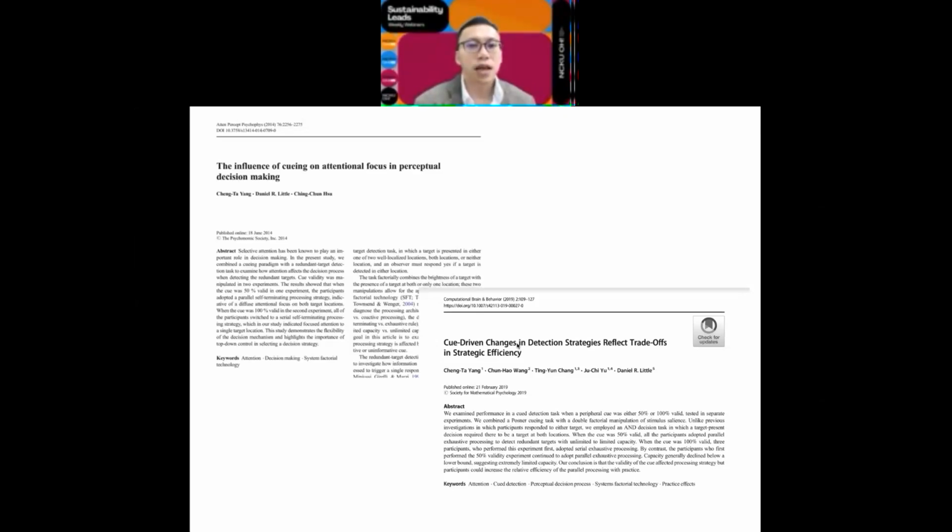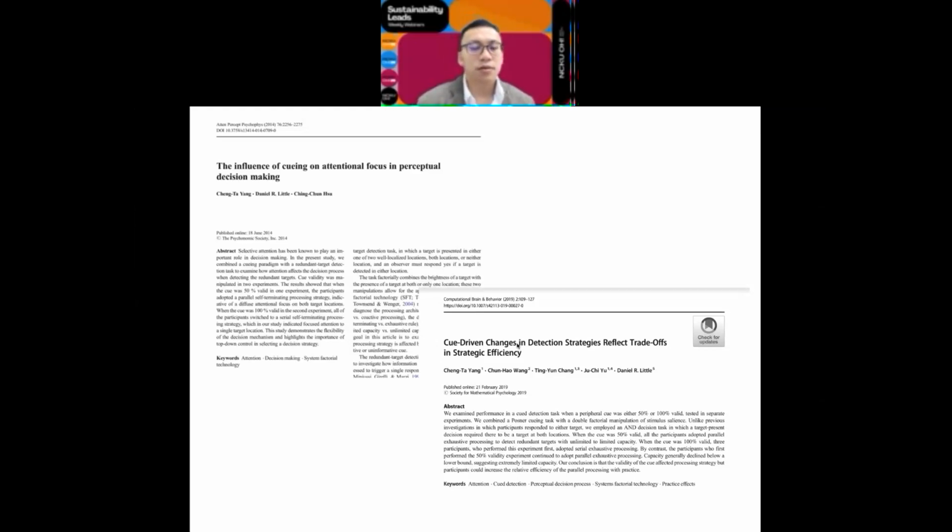But in this line of research, we use an attentional manipulation called spatial cueing to cue participants' focus from one location to another location. This line of research can provide some insights about how the attentional manipulation may affect the information processing during decision making.